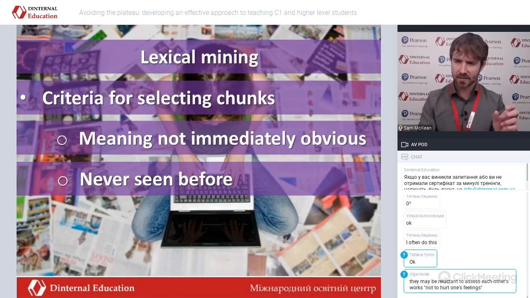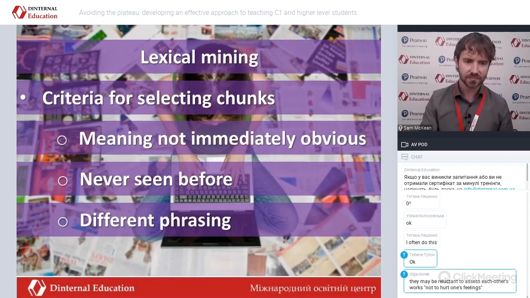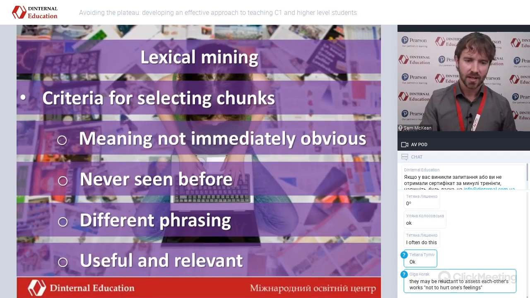If this phrase is something they've never seen before, then they can consider extracting it. If the phrasing or the wording is different to how they would say something, then they should consider extracting it. And finally, if this phrase or chunk appears to be connected to their area of study, or something they're interested in, then they should definitely consider extracting it.